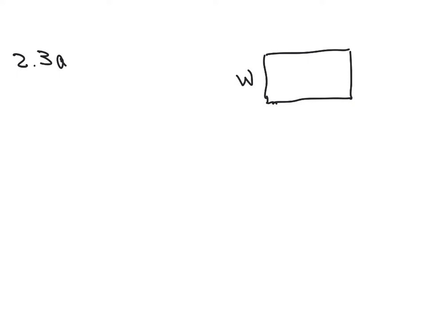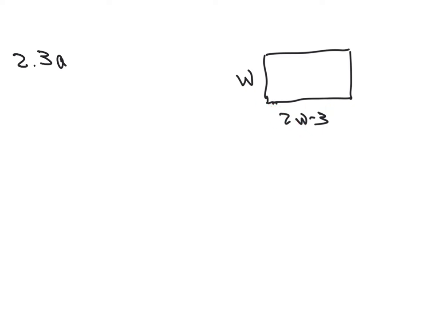The length, we know that it's 3 inches less than twice the width. So if we took twice the width and subtracted 3 from it, 3 inches less than twice the width, now we know what the length is because we compared it to the width. And the width we knew the least about, so it's real easy to assign that a W or an X or whatever variable you want, and then write what we know about the length.